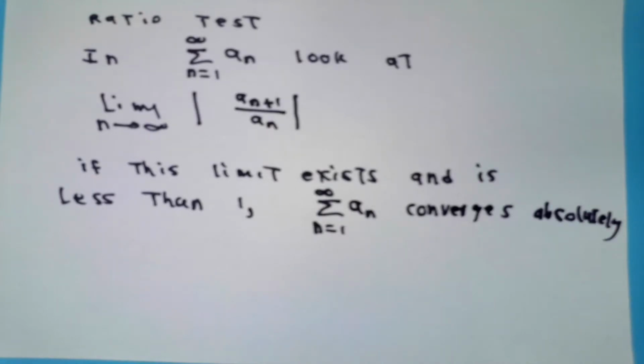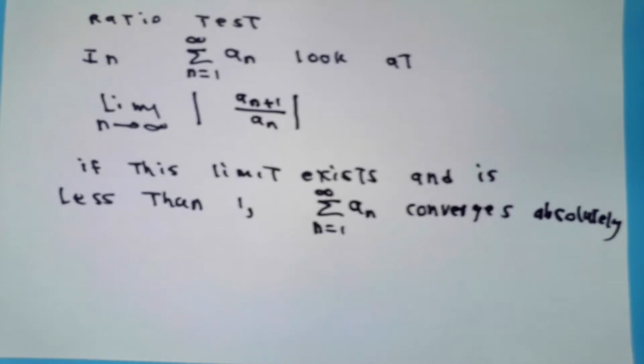The ratio test says when we're thinking about an infinite series, the sum n equal 1 to infinity of an, I'm going to look at the limit of the absolute value of the ratio of two successive terms of the series. If this limit exists and is less than 1, my original infinite series converges.